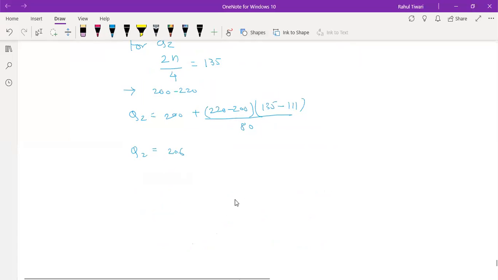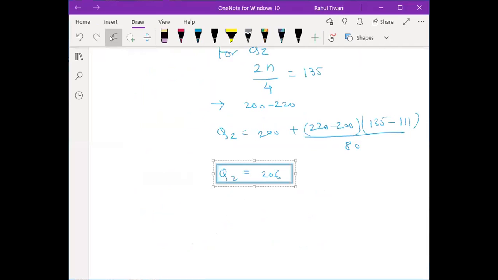Are you getting the answer? Yes, sir. So you may get the answer 206 if you calculate. Please check it. I think somebody is getting the answer 209, somebody is getting 206, but I think the answer is 206.